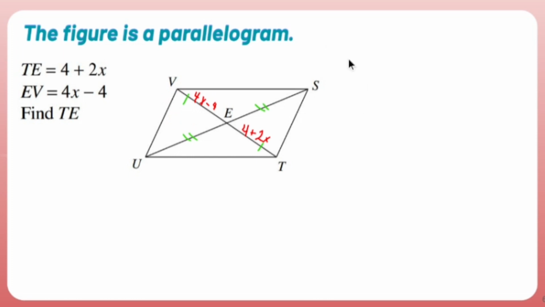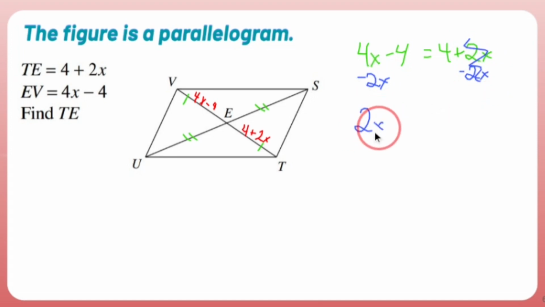So the way I set this up is 4x minus 4, because EV is congruent to TE, equals 4 plus 2x. So I have a variable on both sides of the equal sign. So what I'll do is I'll subtract 2x from both sides. 4x minus 2x is 2x.